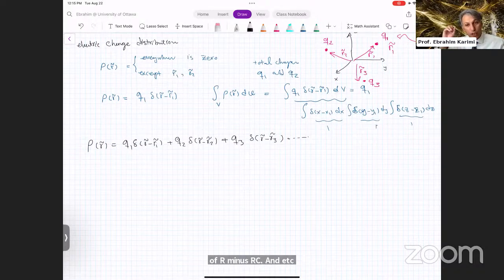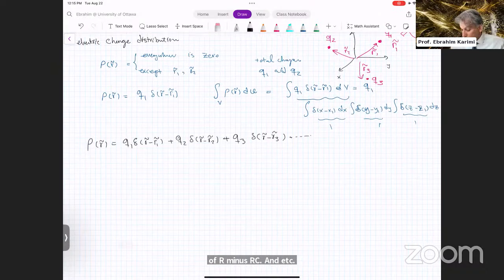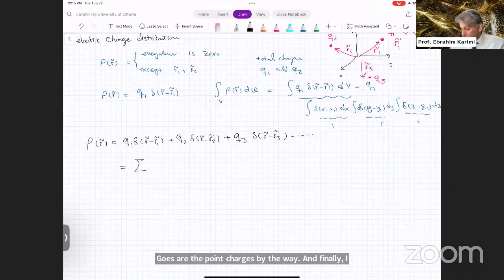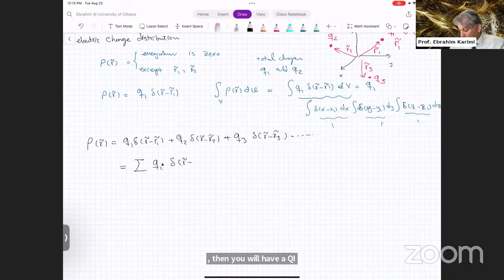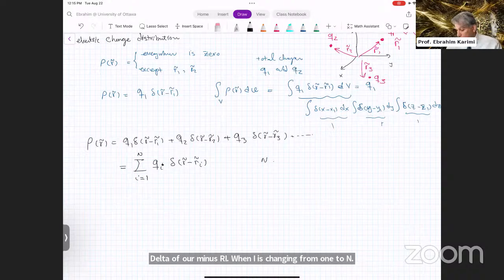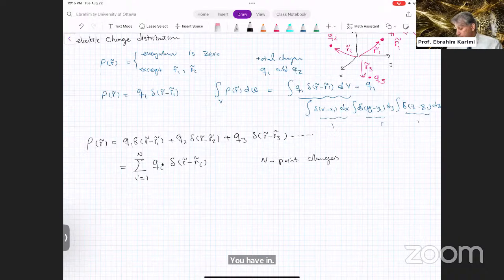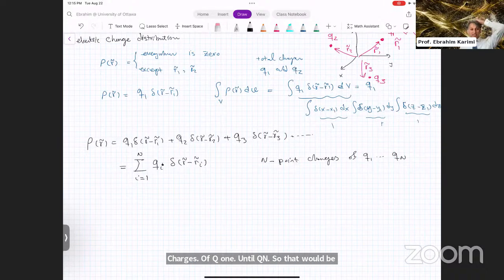Those are the point charges, by the way. And finally, if you have n charges, then you will have the sum of Qi delta of R minus Ri, where i is changing from 1 to n. You have n point charges, Q1 until Qn. So that will be the charge density, essentially, that describes such a distribution of charges.